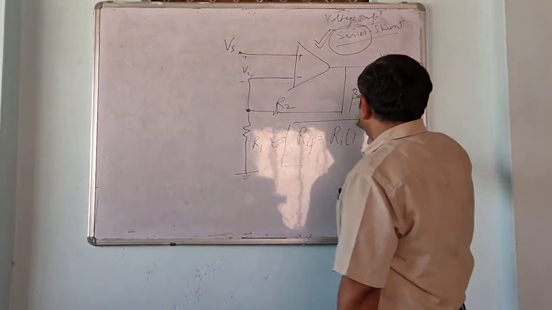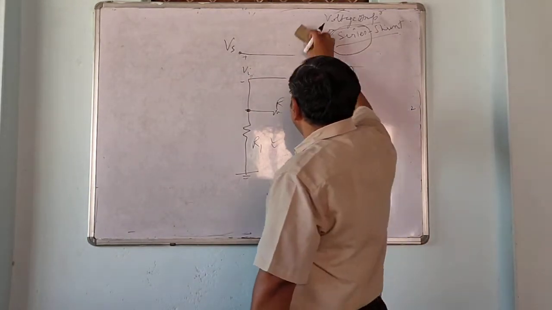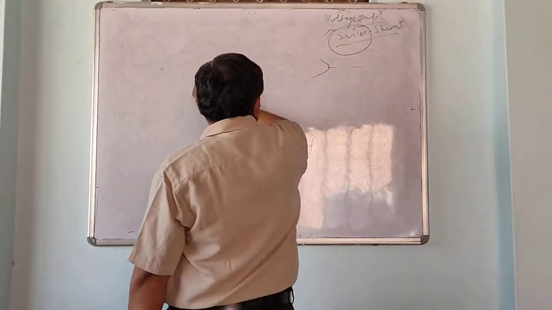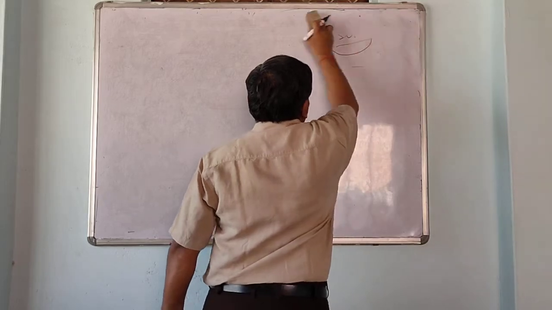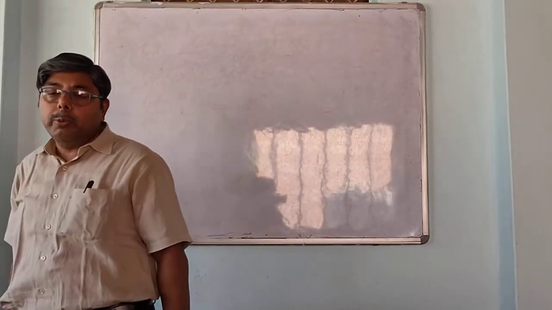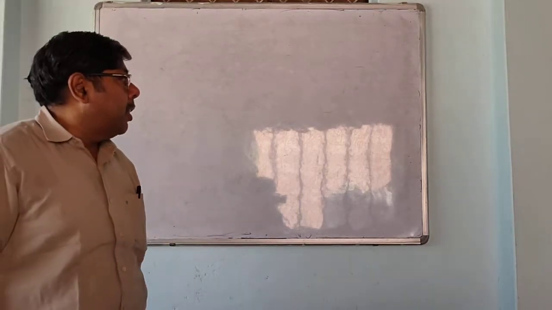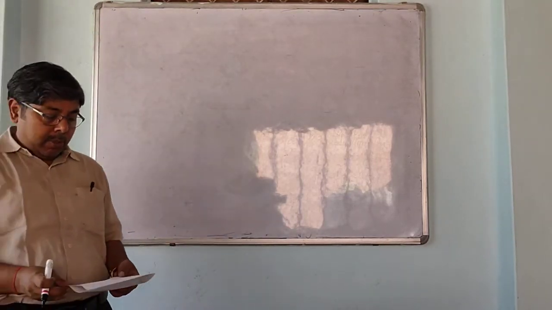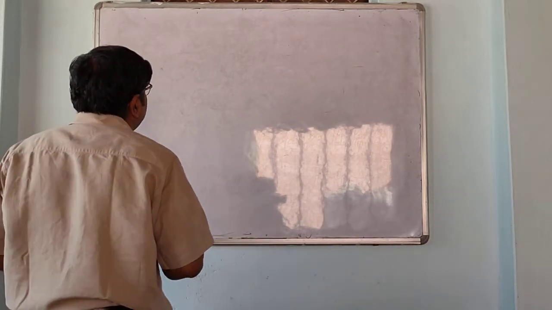And if there is a shunt or parallel connection, then resistance is decreased by the same factor. So this is the basic rule to calculate input and output resistances for feedback amplifiers. Now you can note a few problems for assignment.